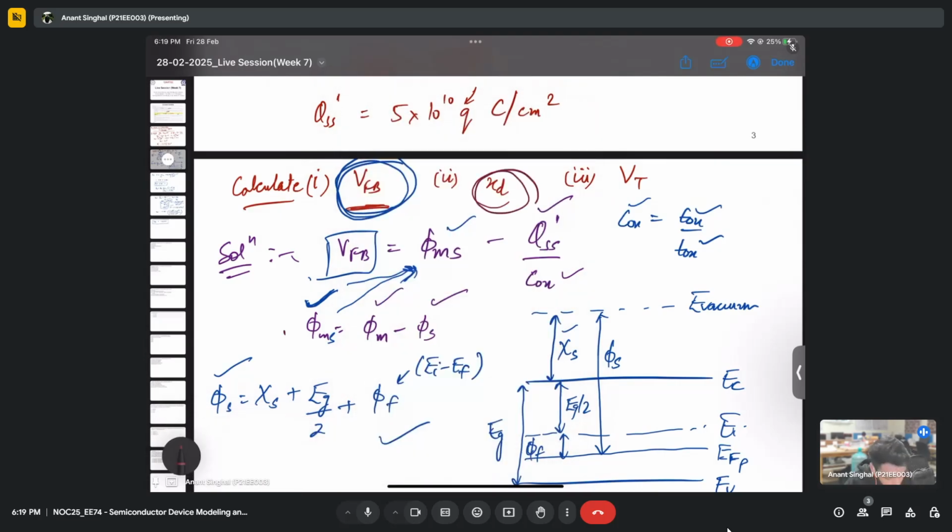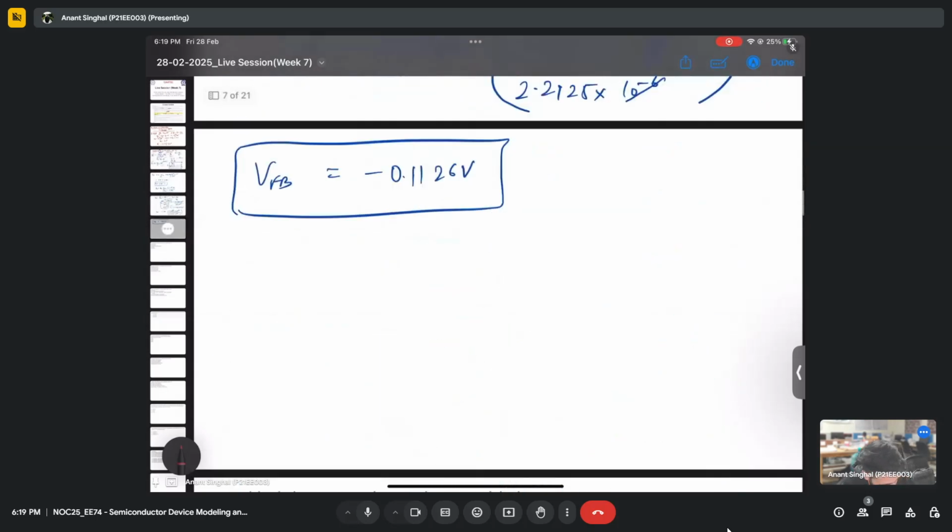Now we need to find the depletion width. We do have a direct formula. Can you tell what is the formula to calculate the depletion width?